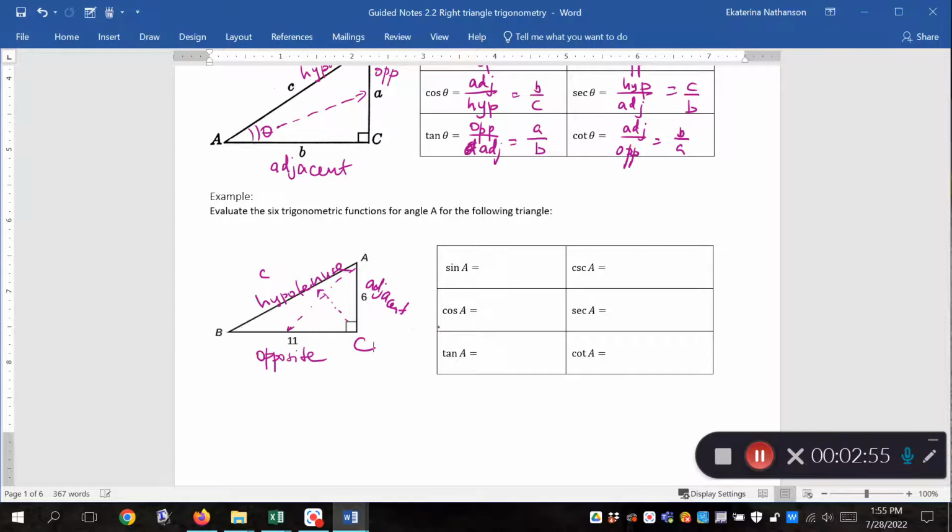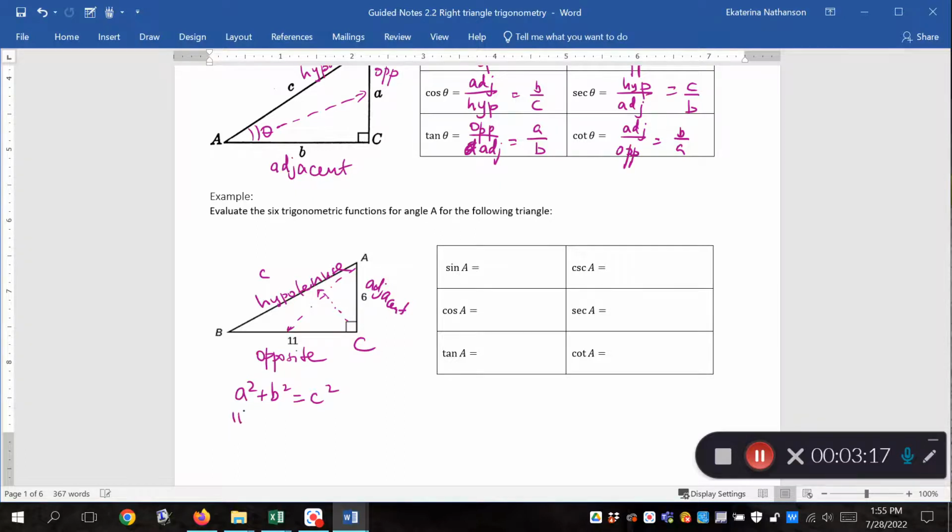In order to apply the formulas, we need values for all those 3 sides. We have only the values for the adjacent and opposite sides. We need the value for the hypotenuse. We can find it using our regular formula: a squared plus b squared equals c squared, the Pythagorean theorem. So let's plug in.